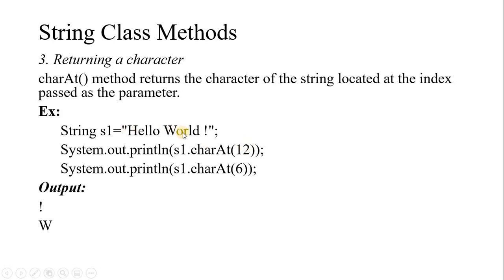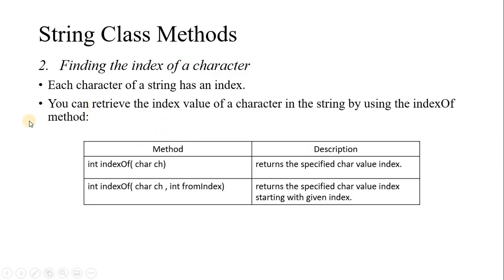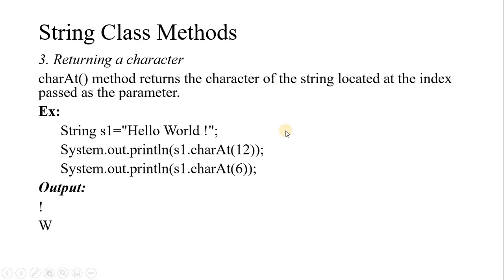For example, in "hello world", what is the letter at position 6? It is the W. So either you can use index to find the location of a character, or you give the index number and find which letter is at that location. This is another alternative way.